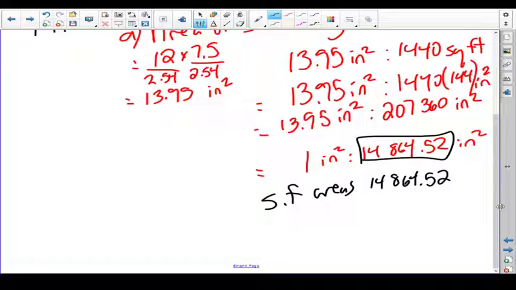I can't hear you. How do we reverse it? Nope. I want us to go back. This is the scale factor for the areas. What's the scale factor for the dimensions? No, we have to find the scale factor for the dimensions, and then we find the dimensions.